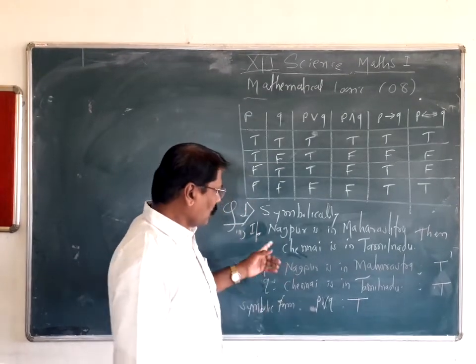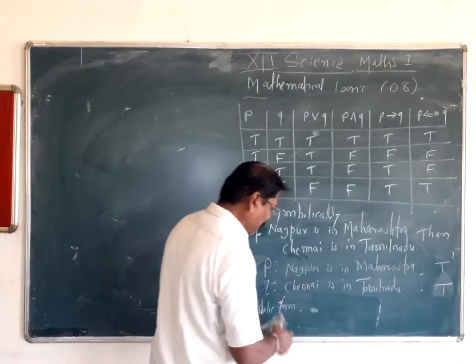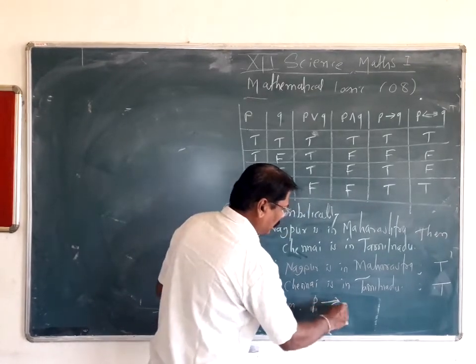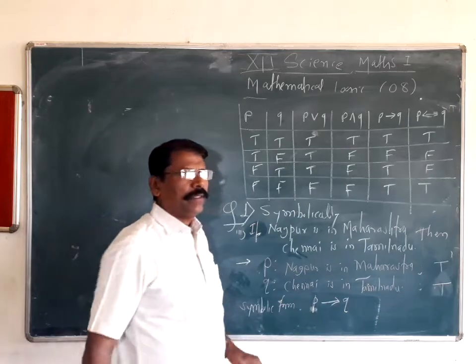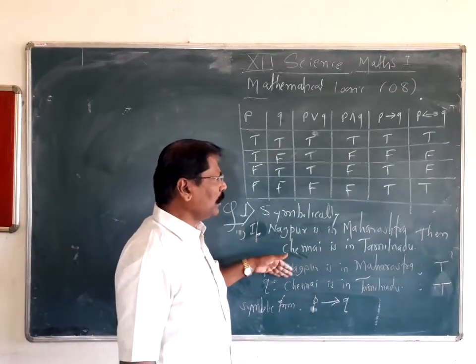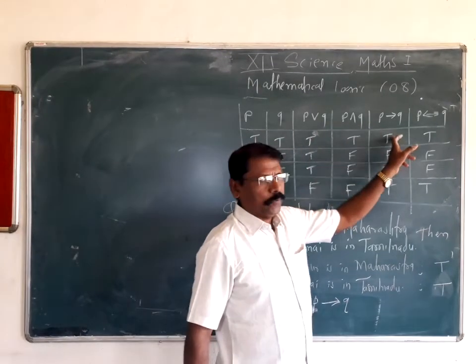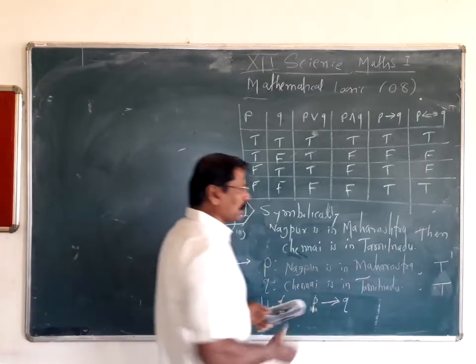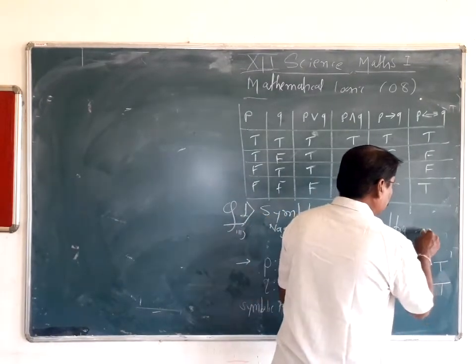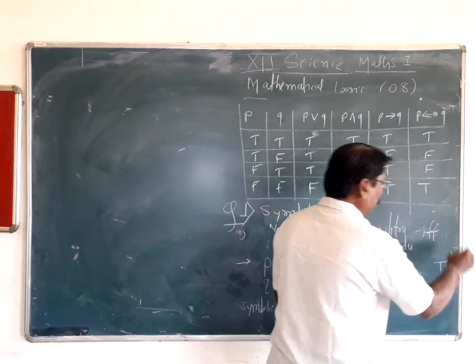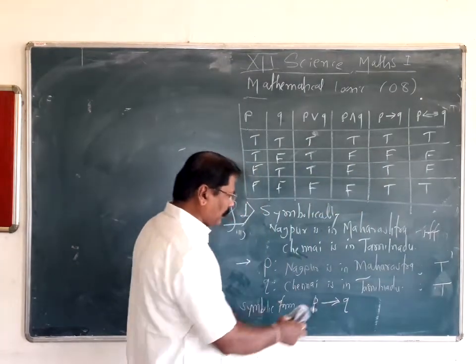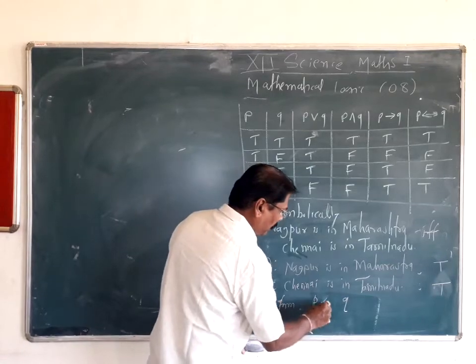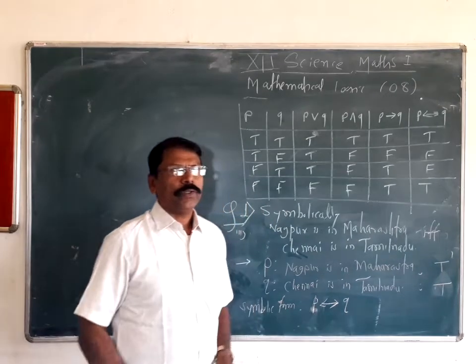So this will be P implies Q. Since both are true, it is true. I can generate the statement: Nagpur is in Maharashtra if and only if Chennai is in Tamil Nadu. Then the symbolic form will be P double implies Q.